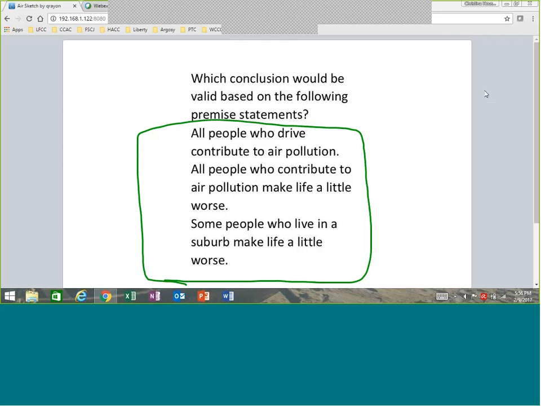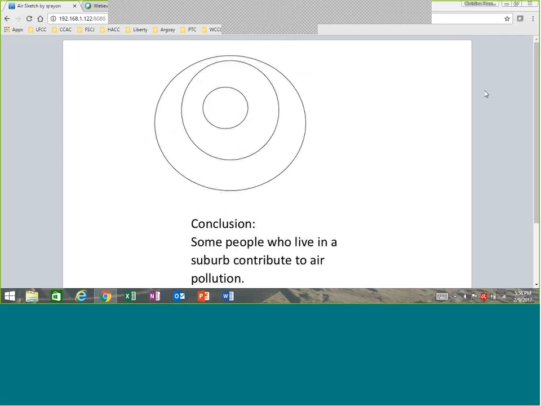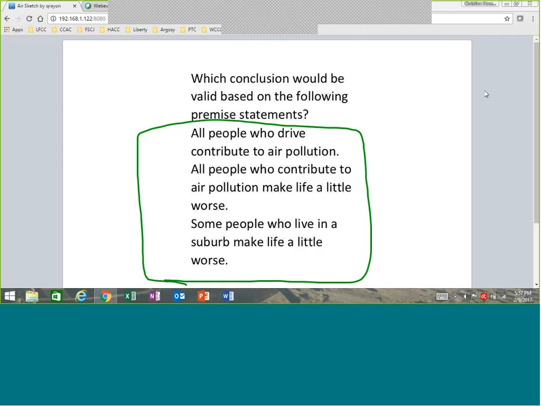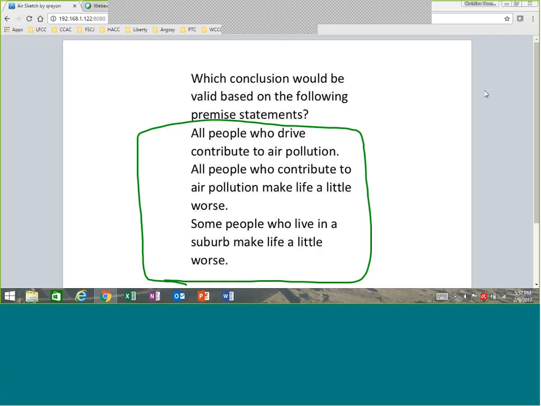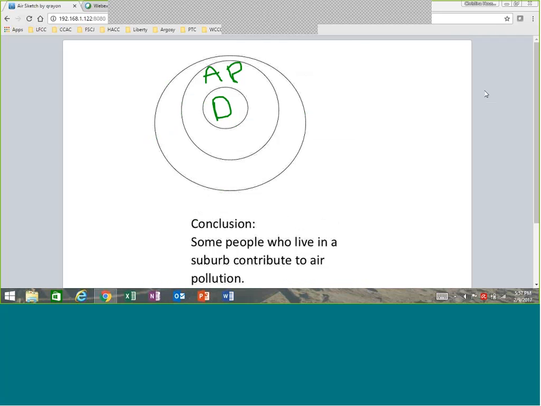So we need to draw a picture for that. All people who drive contribute to air pollution. So here's the drive and the air pollution. All people who drive contribute to air pollution, and that's the all A, R, B circle, right? All people who contribute to air pollution make life a little worse.